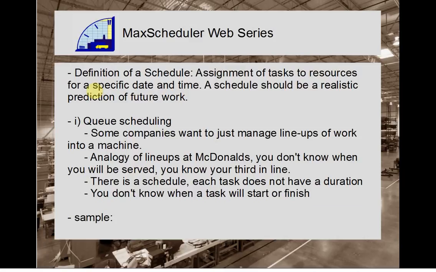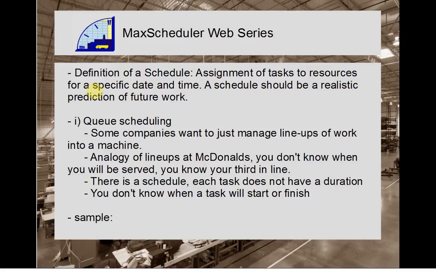The third type that I want to get to today is queue scheduling. Sometimes manufacturers don't want to adhere to that definition of scheduling in terms of assigning a task to a resource for a specific date and time. The key part with queue scheduling is you don't care about the date and time.